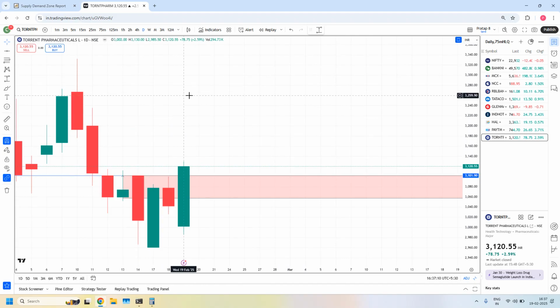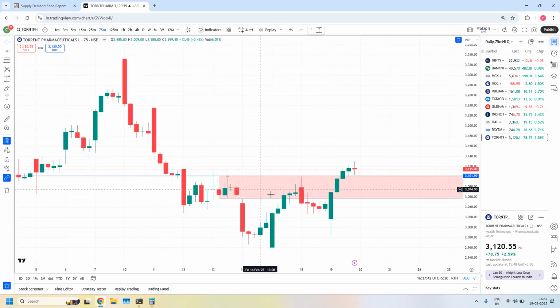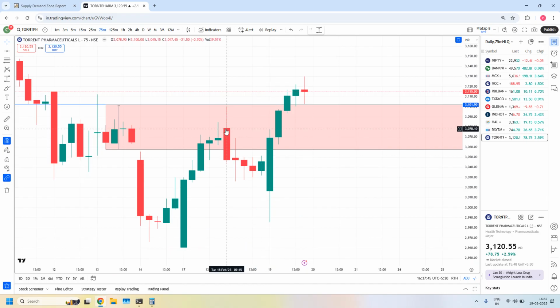Other than TradingView, all the remaining data providers consider the pre-market, whatever is open, that same open even in the intraday candles. But TradingView considers whatever the price is at 9:15, only that price in the intraday candles. But the daily candle open, you see, this candle open is from this blue color line. That is what our software suggested. But you go to the 75 minutes, see, the candle open is here.